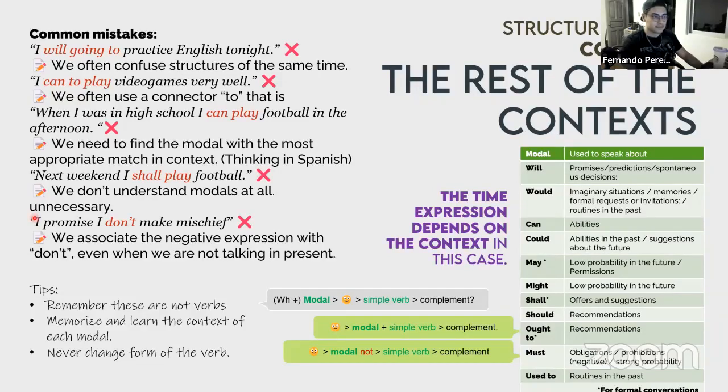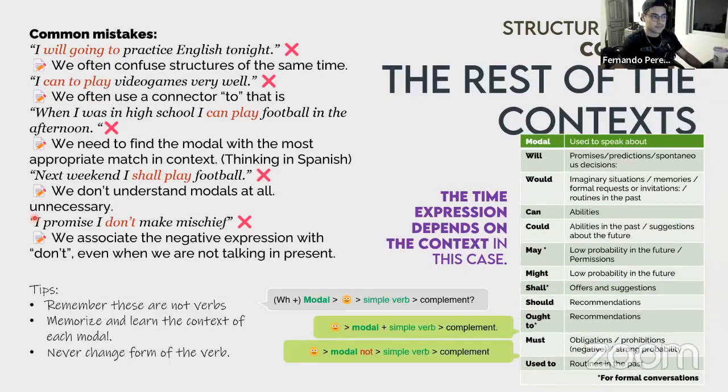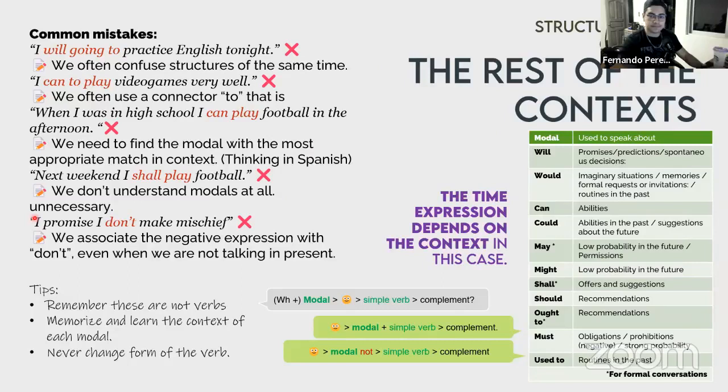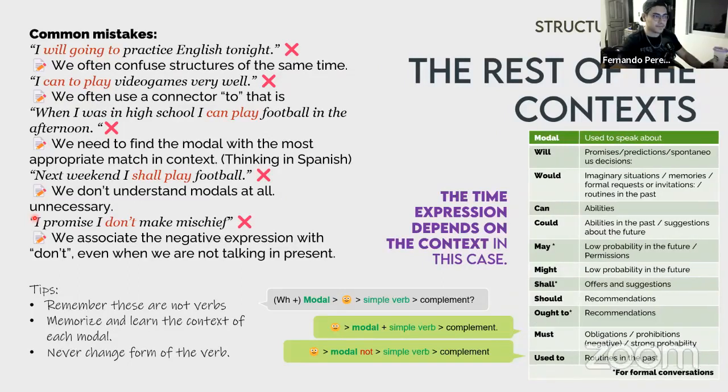The rest, it's pretty much the same. Any question, my people?